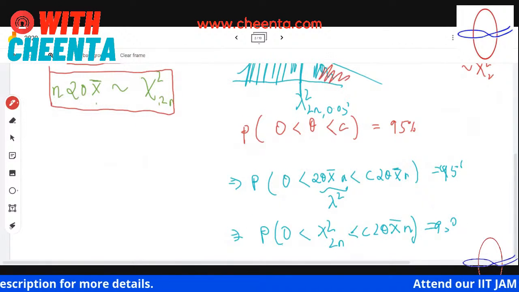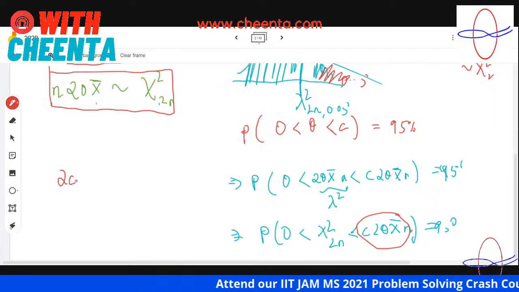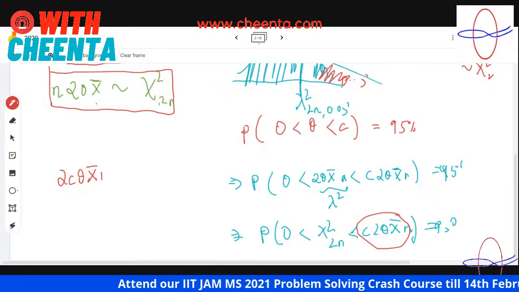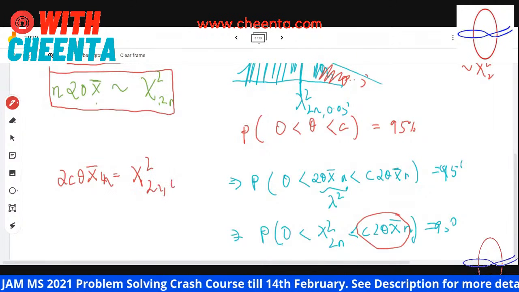So after this you want 0.05, right? So twice theta x bar times n will be chi-square twice n 0.05.